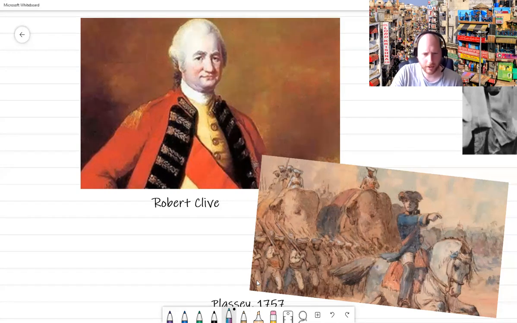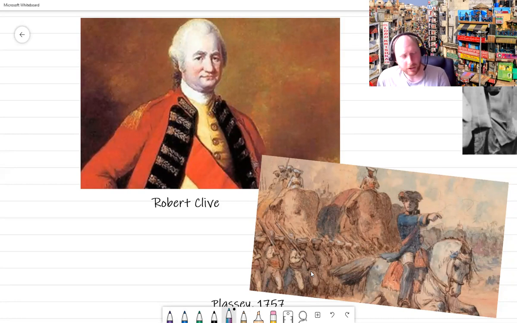And these gentlemen here are what we would call sepoys, Indian soldiers, because although the company was taking over India, they were doing it mainly with Indian people, because they would get to India and they would have lots of money because they're a big company, and so they would give the Indians their East India Company uniforms, Tesco uniforms in our analogy, and then you'd have an Indian Tesco army with Indian Tesco elephants. I like it. And so Clive, he led his army against a much bigger Indian army and he won. And that meant that a huge part of the north of India became under British control.